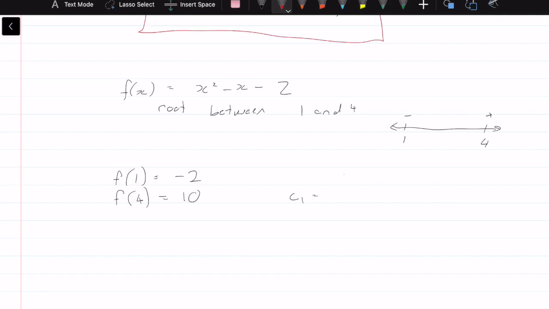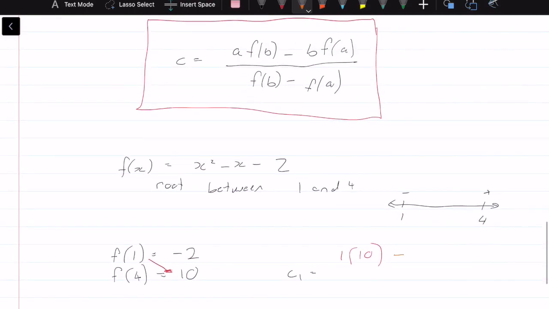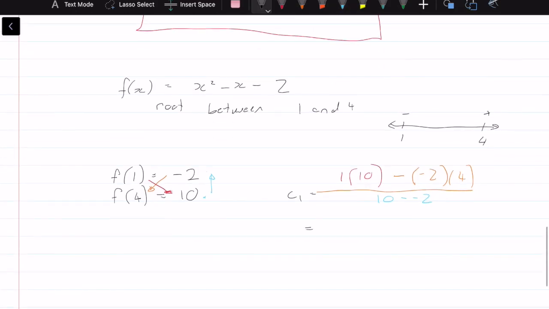So it's going to be 1 times 10, which is the multiplication, and the equation says minus 2 times 4, over the denominator, which is this number minus that number, 10 minus 2. The solution comes out as 3 over 2. So c1 is 3 over 2.